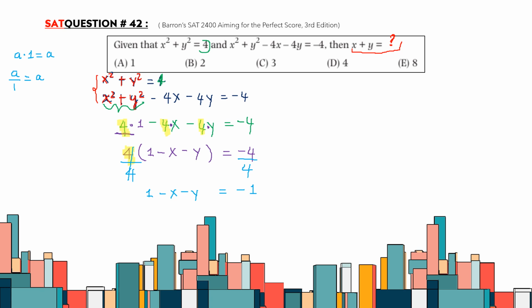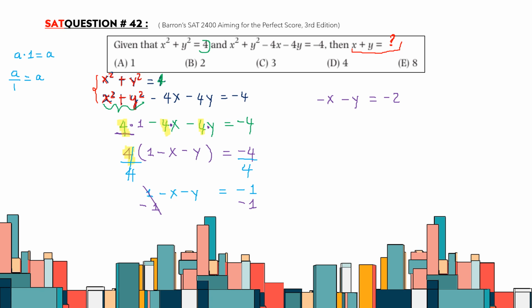So let's move the number 1 to the other side, right? We will subtract 1 from both sides. So this is gone. On the left side, we still have minus x minus y equal minus 2. It's almost there.